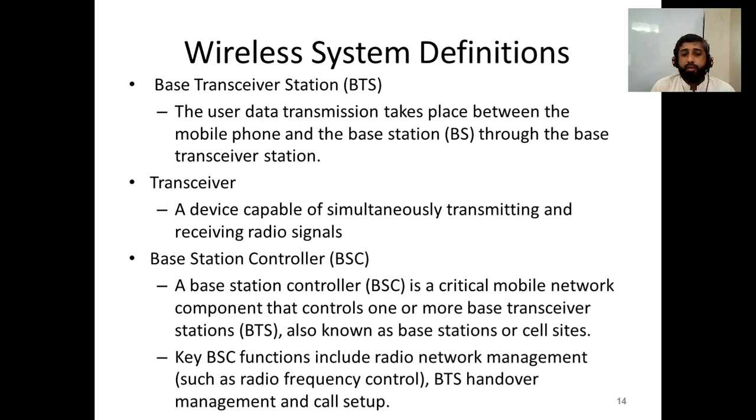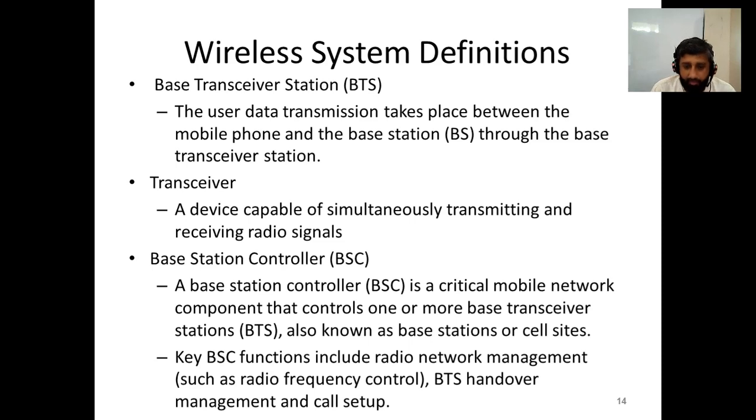It is important because it controls, coordinates and manages all the functions that are required by the BTS. For example, key base station controller functions include radio network management: it decides which channel will be used for transmission and how that will be transmitted.